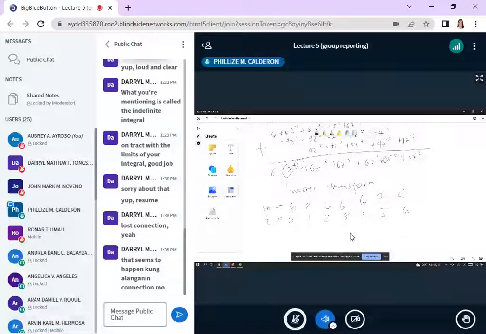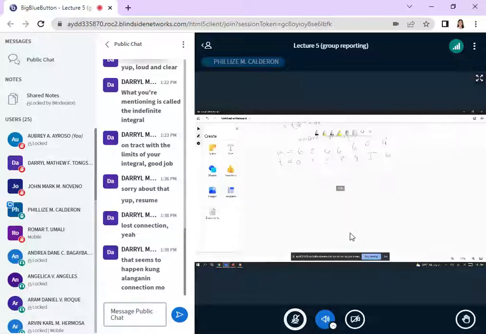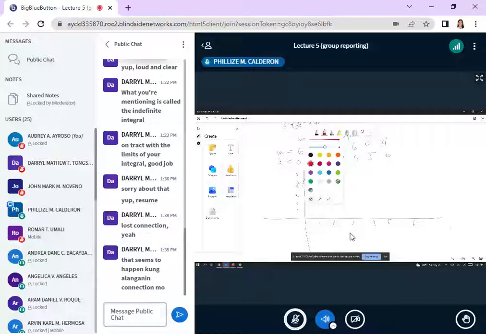Ngayon, plot na natin siya. Or gawin na natin yung signal. Sabihin natin, 1, 2, 3, 4, 5, 6. Teka na. Ayan, natanggal.